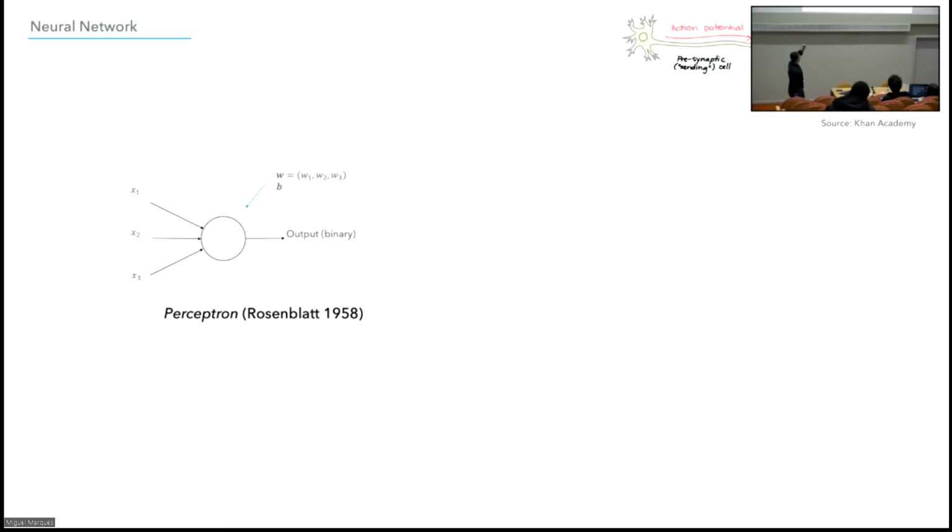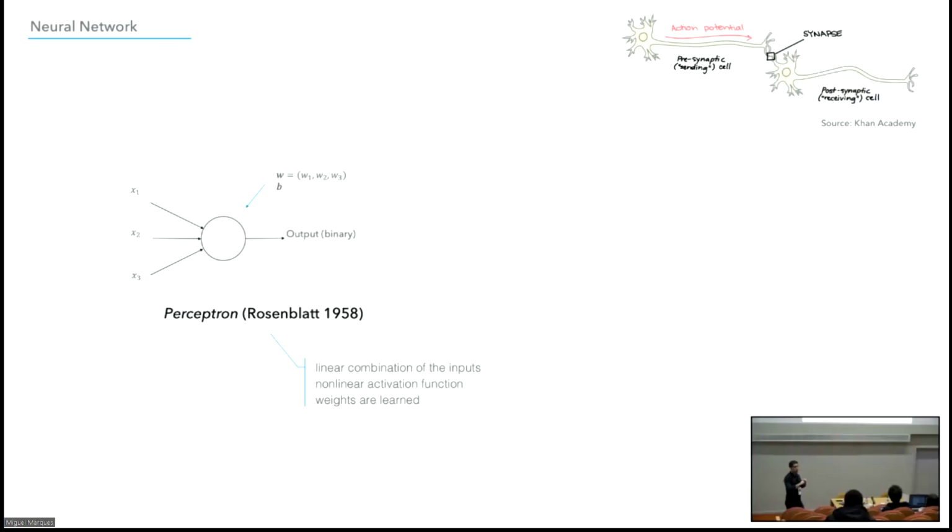So x1 will be multiplied by w1, x2 will be multiplied by w2, and so on. And the output is the linear combination of all the inputs weighted by these w's. And then we have plus some bias.